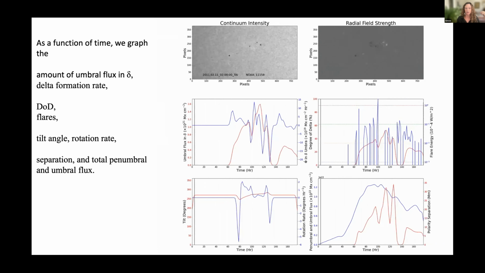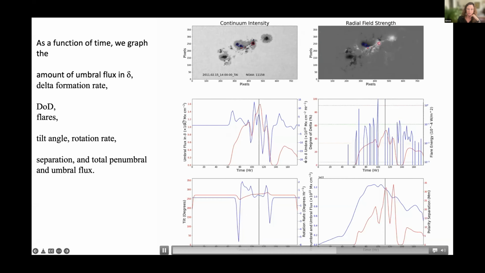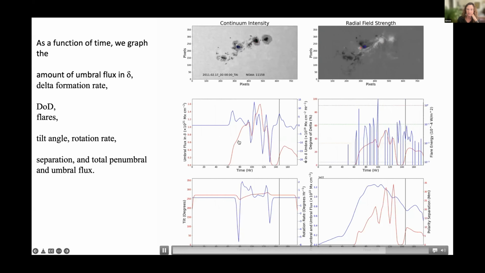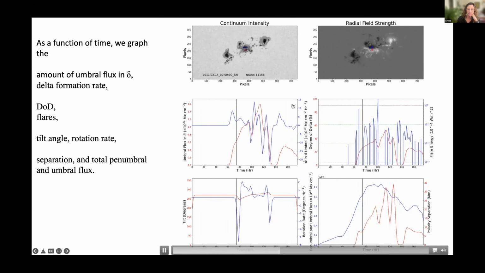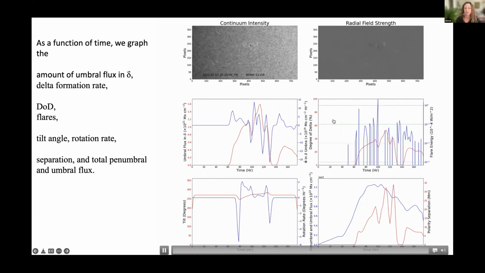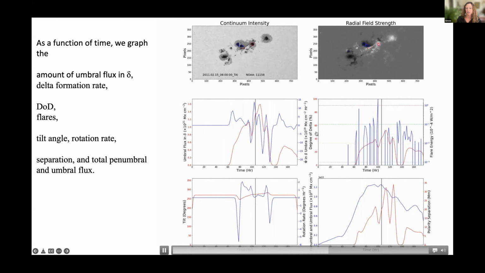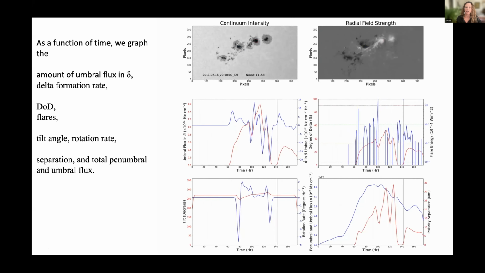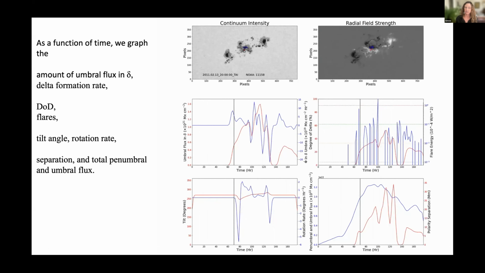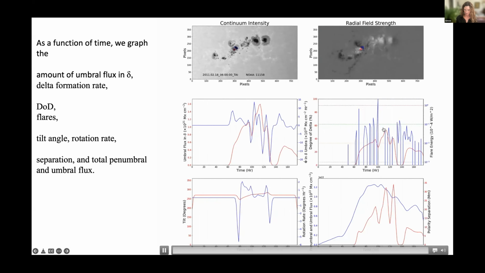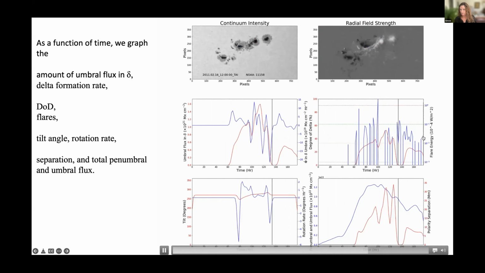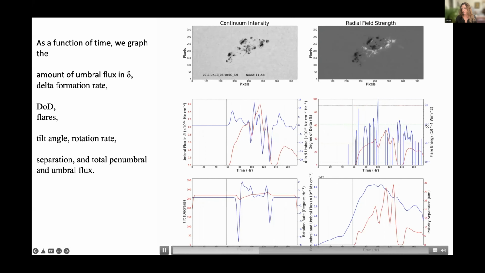And what we're plotting here, we look at the amount of umbral flux in the delta in the red line, the flux emergence rate of the umbra, or the delta formation rate. We categorize the degree of delta, which is just the percentage of the total umbra flux that's participating in the delta. We also plot on this subplot the flare energy, times 10 to the -4.